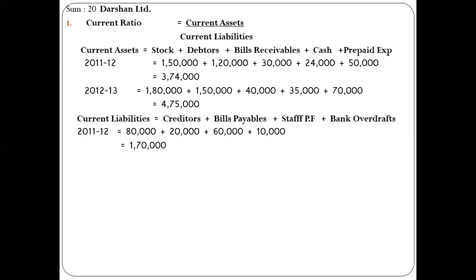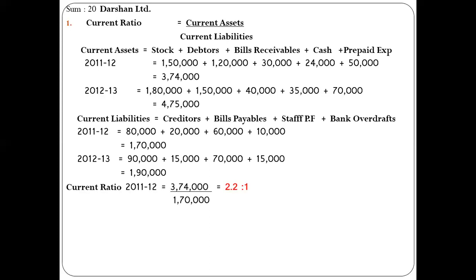So the total will be 1,70,000. In 2012-13, creditors are 90,000, bills payables are 15,000, staff PF is 70,000, and bank overdraft is 15,000. So the total will be 1,90,000.